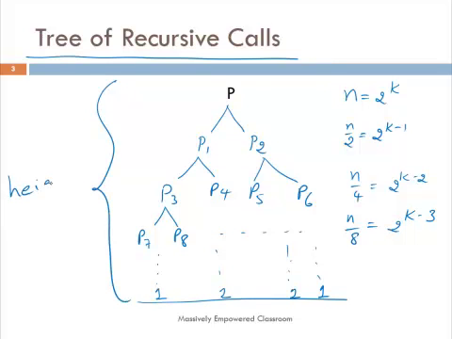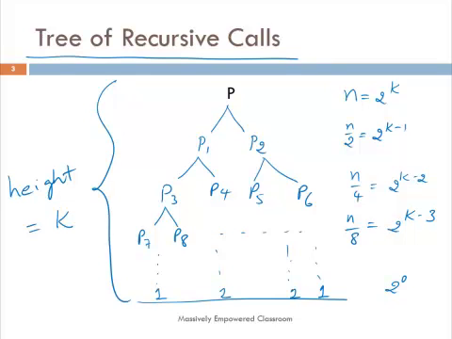What is the height of this tree, or how many levels are there in this tree? You will notice that each time we do this, the size of the problem is getting reduced to half the original size. So here it was 2 power k, 2 power k minus 1. Finally, these are of size 2 power 0. So the height of this tree is k. This is very important when we analyze the complexity of divide and conquer algorithms.